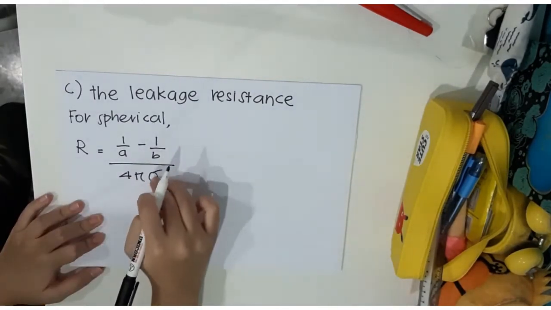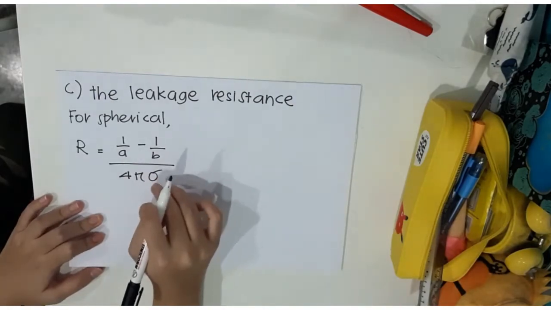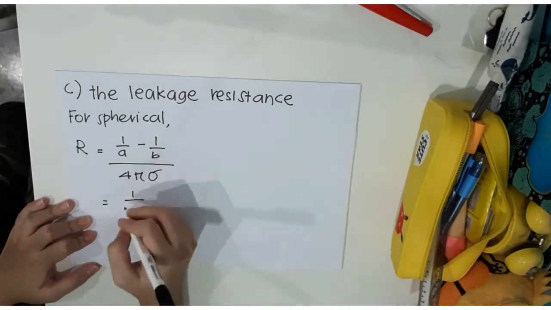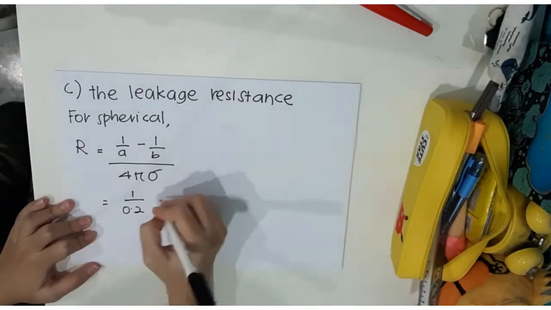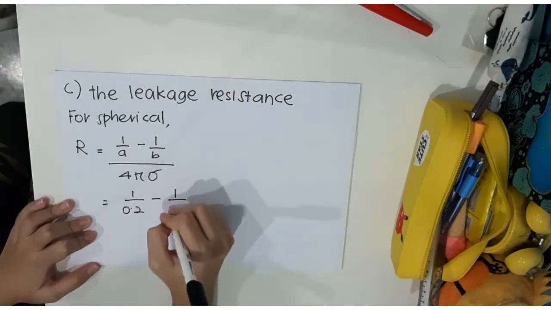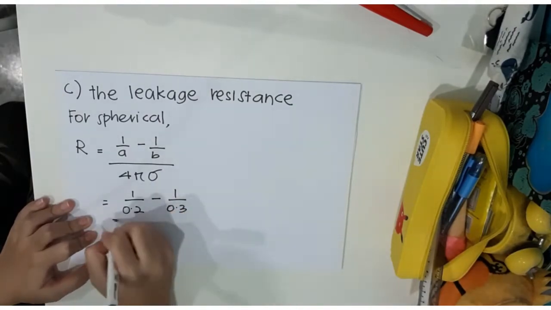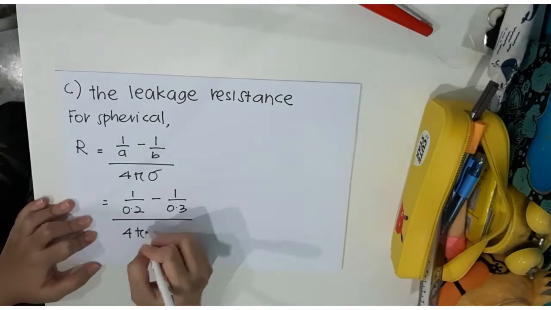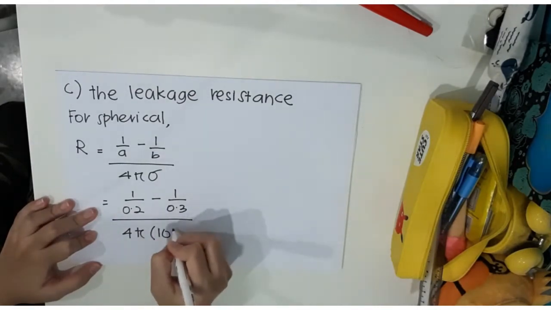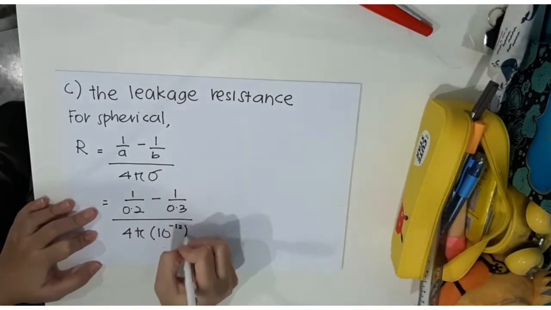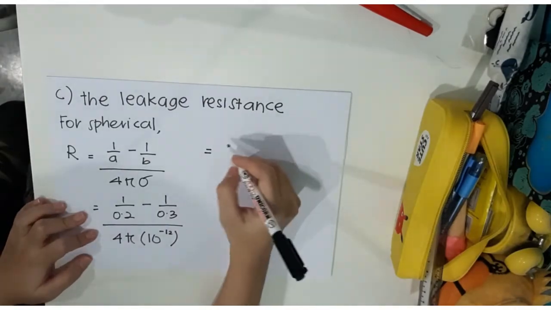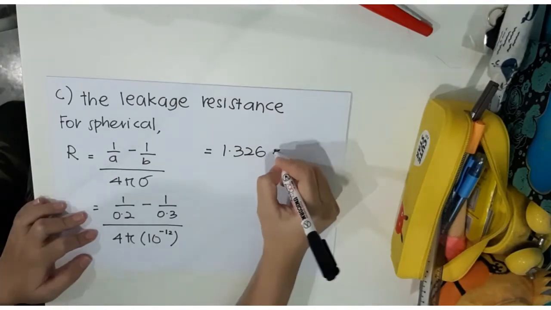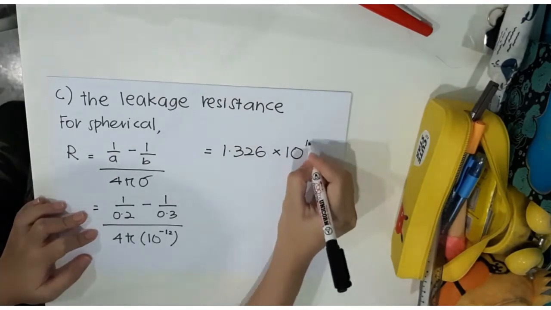This is where we use the sigma that they give us in the question. 1 over a is 0.2 minus 1 over b, and b is 0.3, over 4 pi, and the sigma they give us is 10 to the power of negative 12. The answer is 1.326 times 10 to the power of 11.